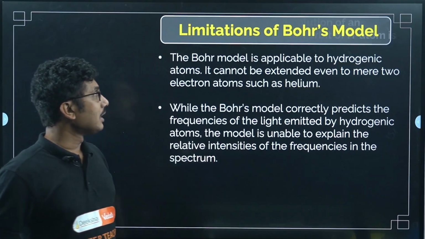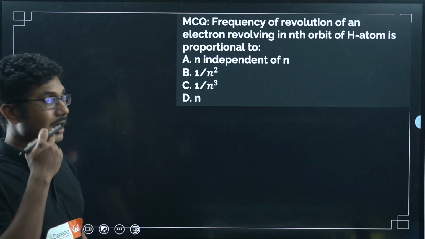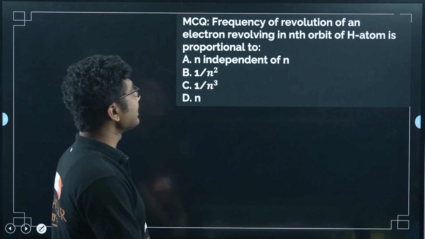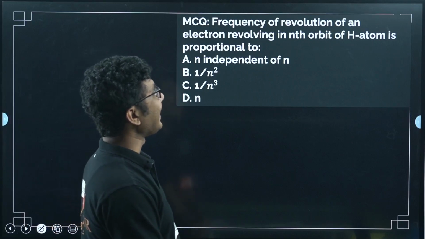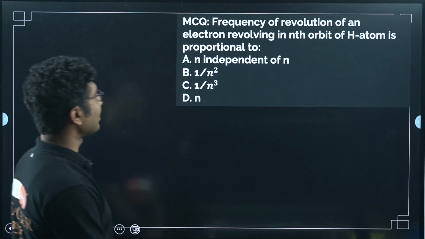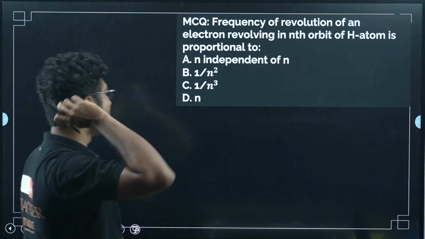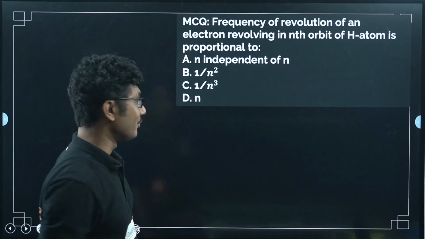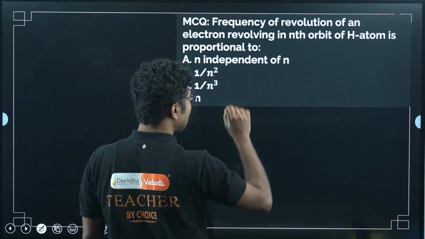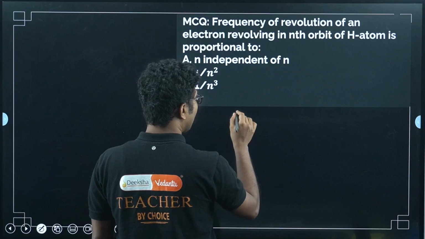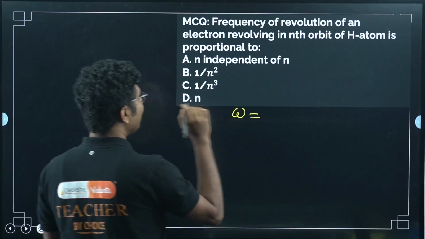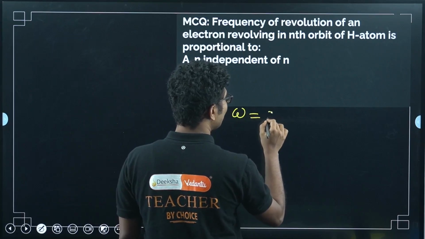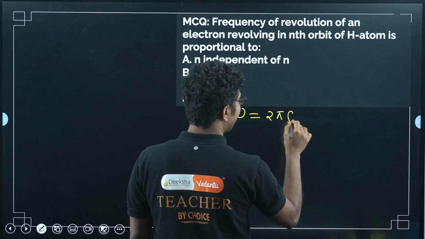Okay, now let's solve a numerical. The frequency of revolution of an electron revolving in the nth orbit of hydrogen atom is proportional to what? So they have asked for frequency. If you remember, angular frequency omega is 2 pi f, where f is the frequency.